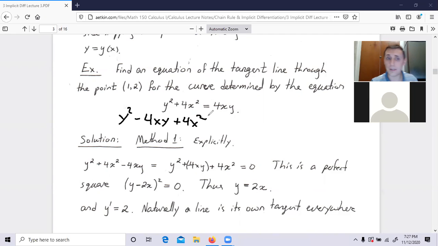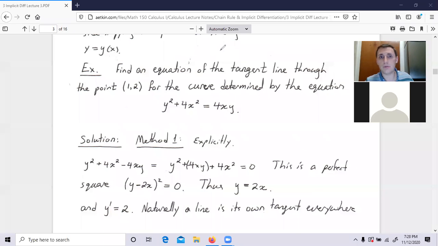That's just a perfect square. Okay, good, Alan. You're right. So it's a perfect square. You all see that? It's just y minus 2x squared, which we have equal to 0.